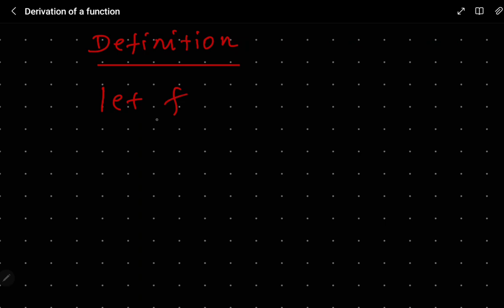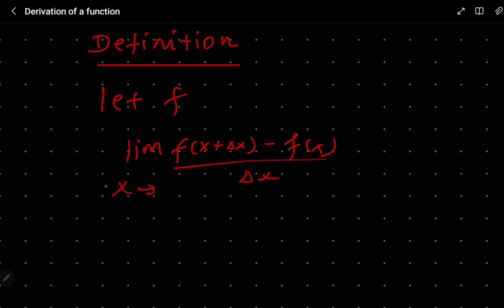The derivative of f at a point, you may say, is the limit of f of x plus a very small change in x, minus f of x, over the change in x, as the change in x goes to 0.